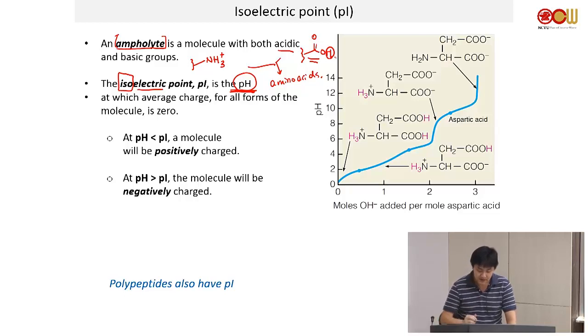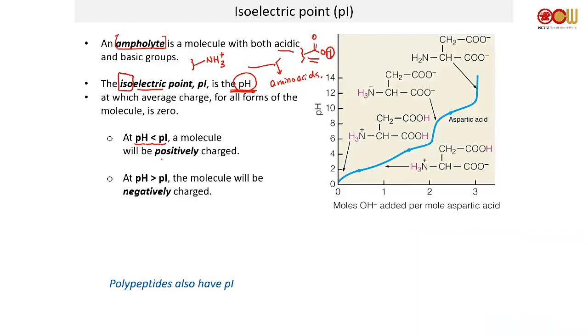Now, if the current pH is lower than the PI, then the molecule will be positively charged. Why? Because if it's lower than the PI, protons will be on the molecule more.